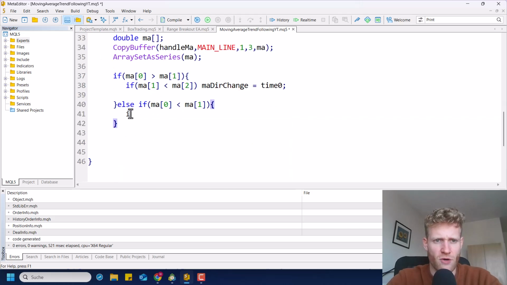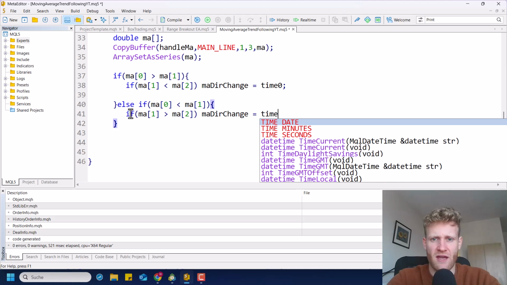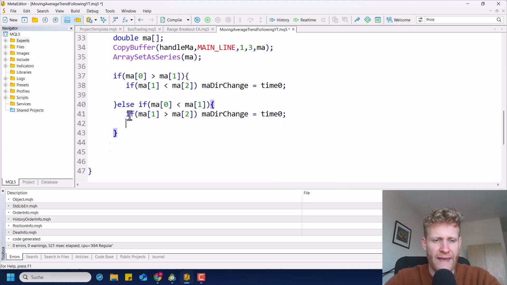And of course, the same thing if it changes direction from an upwards trend to a downwards trend. So like this, MA direction change, time 0. And then let's create a comment here also in the chart, direction change, so we know what's going on.